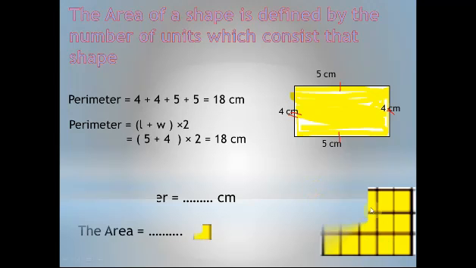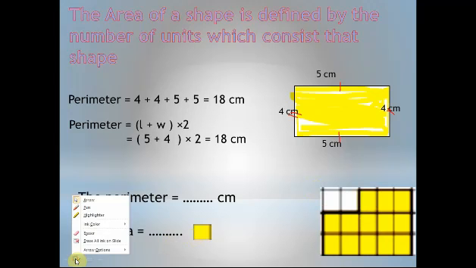Okay, so how can we solve it also? If we have a figure like the one here, how can we calculate the perimeter and the area for it? We will start with the perimeter. You know that we count all the small lines or the small units outside.